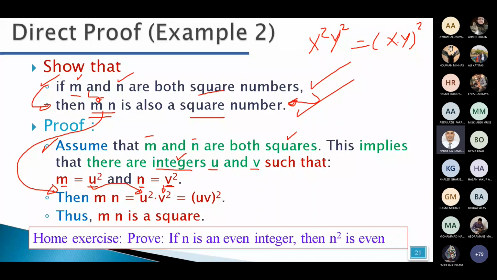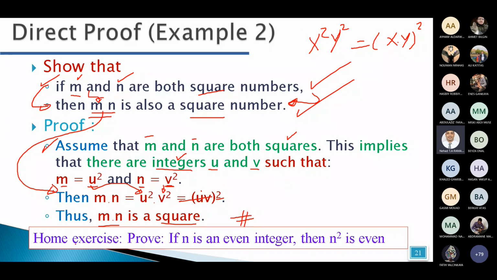So u to power 2 multiplied by v to power 2 equals (uv) to power 2. This is an integer, so an integer to power 2 means m multiplied by n is a square also. And that's what we need to prove.